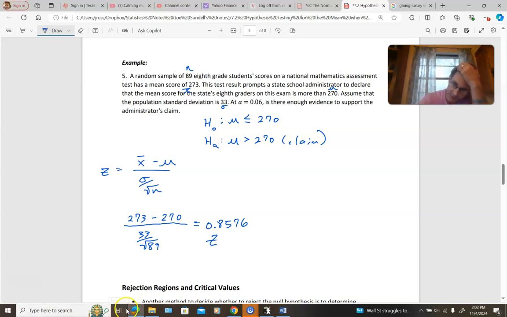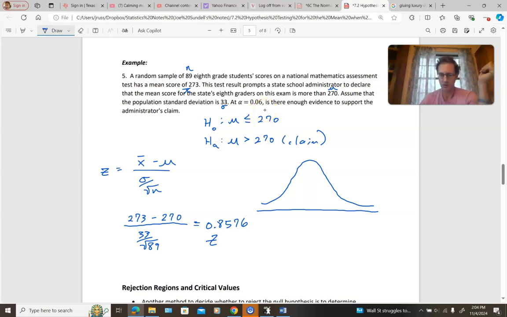Well, this is positive, but we're going to see if under the standard normal distribution, this is far enough away from the mean that we can actually reject the null hypothesis. So let's draw a little picture here, a little standard normal distribution. Our hypothesized mean of 270, if we standardized it, would be 0. And then our test statistic comes up at 0.8576.